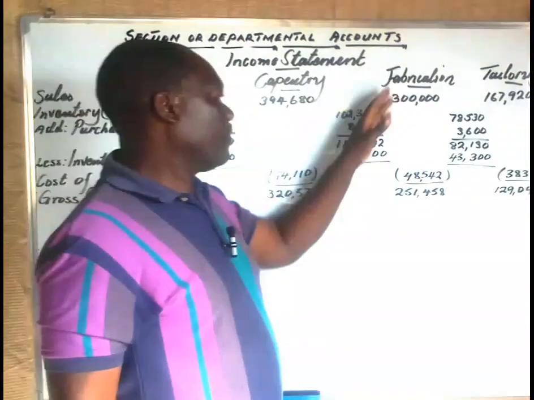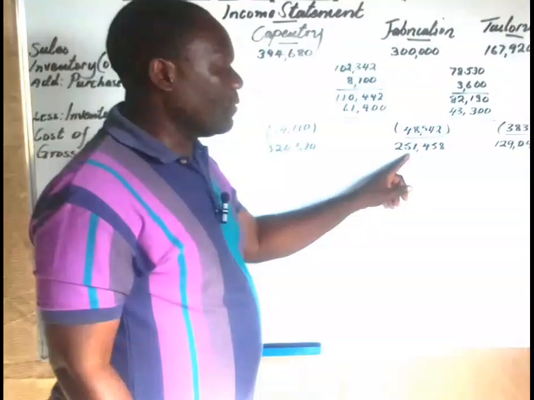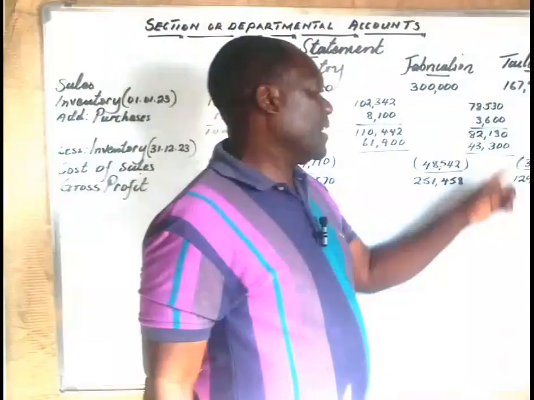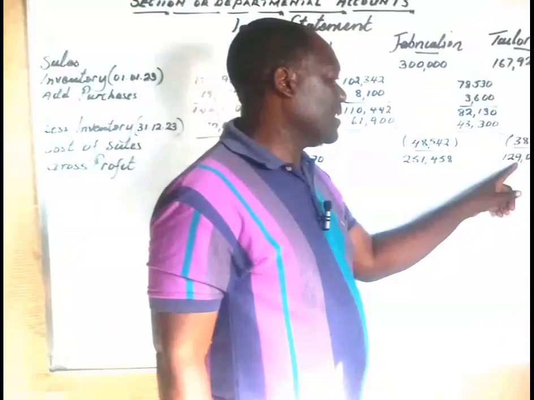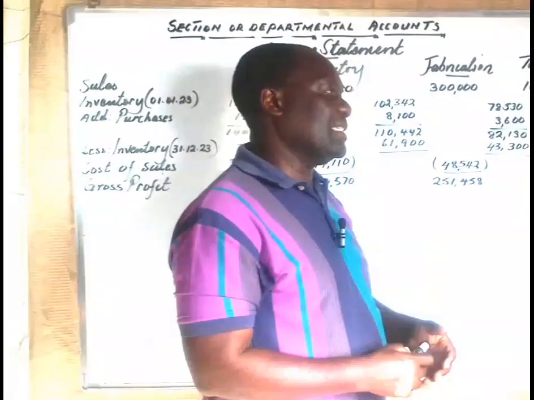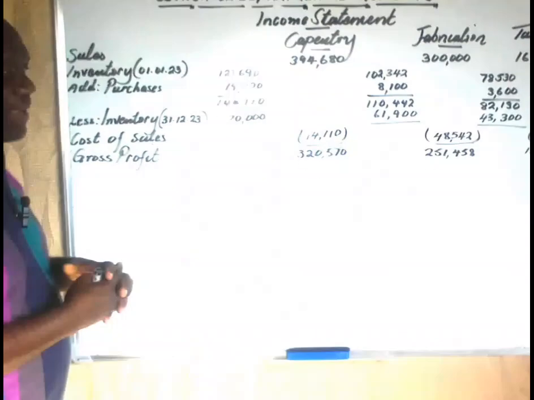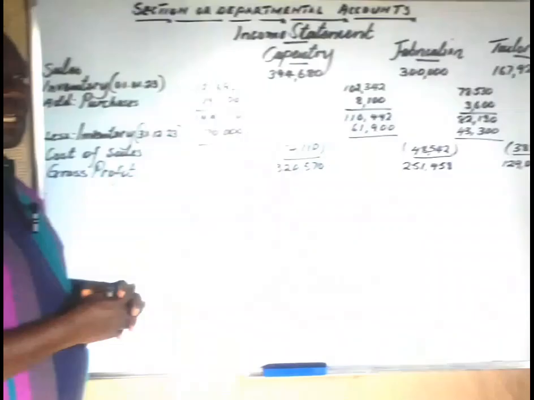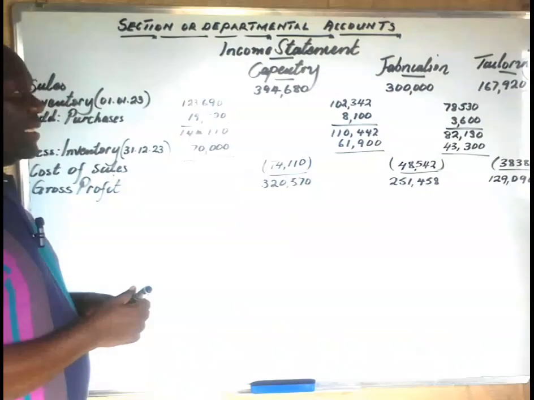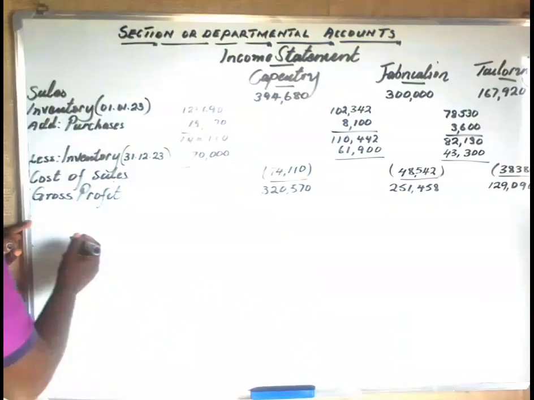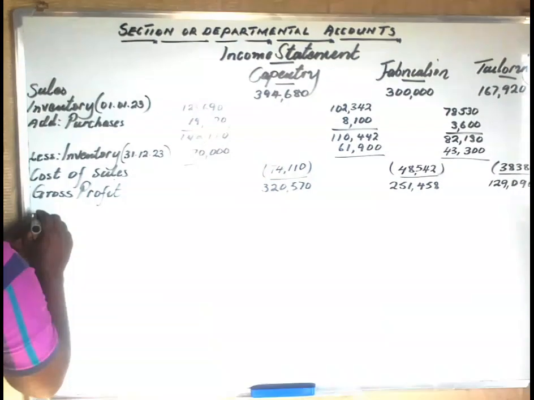For metal fabrication, 251,458. For tailoring, 129,090. Once we reach the gross profit level, now we have to take charge of the expenses that the business incurred. So we are going to say less expenses.